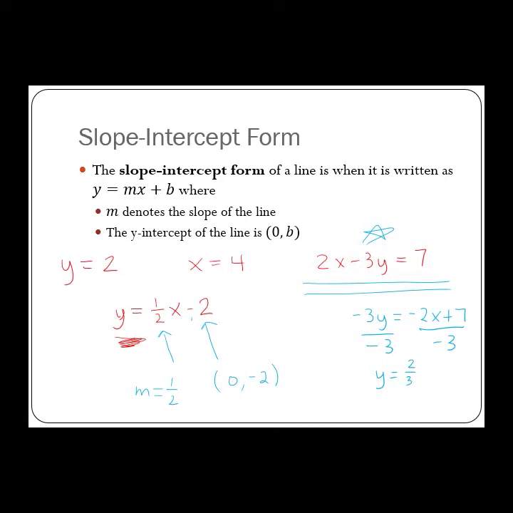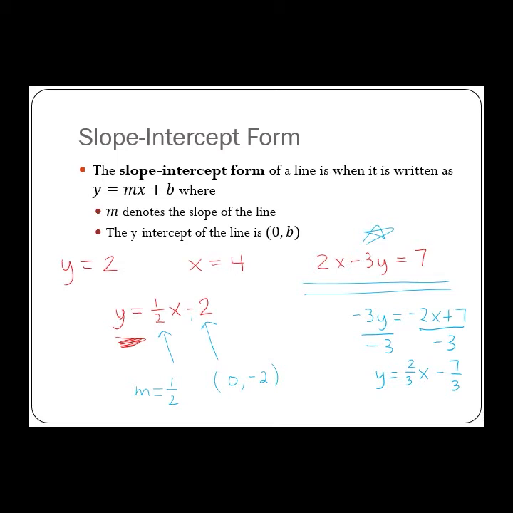Two negatives make a positive. Positive and negative make a negative. And so I can take this starred equation and rewrite it in slope-intercept form. So the slope is 2/3 and the y-intercept is (0, -7/3). So that's why that question was on exam 2.